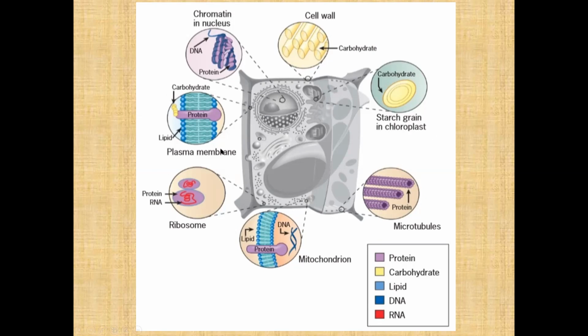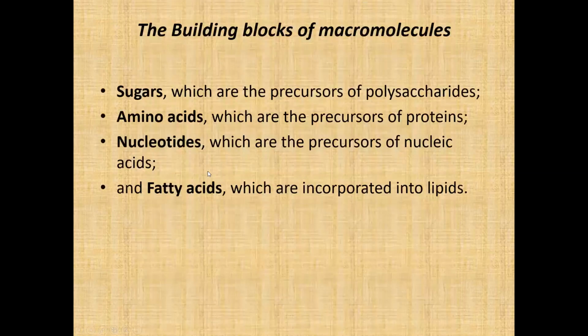You see the structure of the plasma membrane, which is constructed with the help of lipid molecules. Phospholipids are here, and also proteins, especially an integral protein as a part of the plasma membrane, and also the carbohydrate component of the plasma membrane. These carbohydrates very often are attached to proteins or to lipid parts of the plasma membrane.